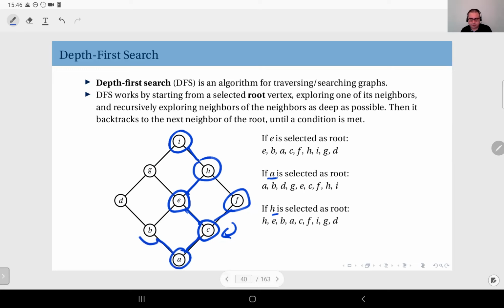And then the only one here, and the only one here. Okay, so this is how we apply depth first search.